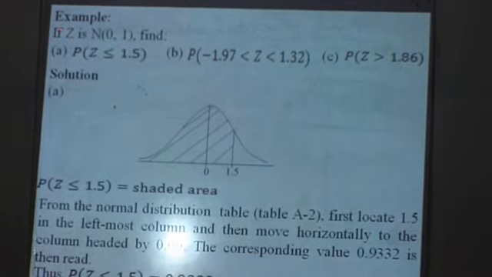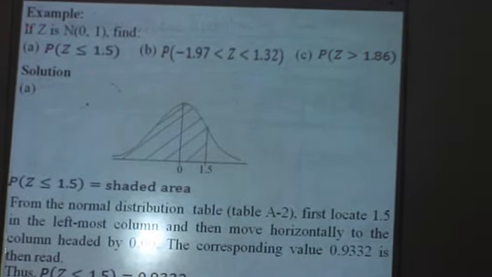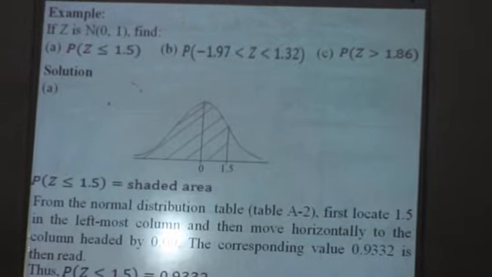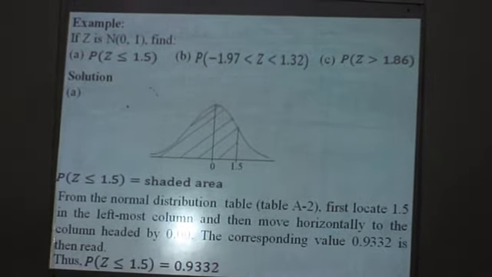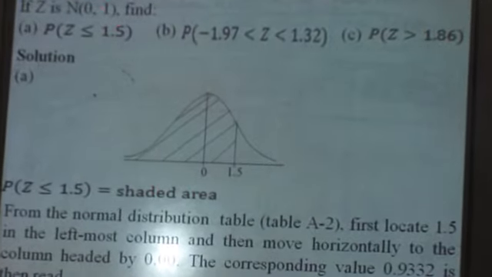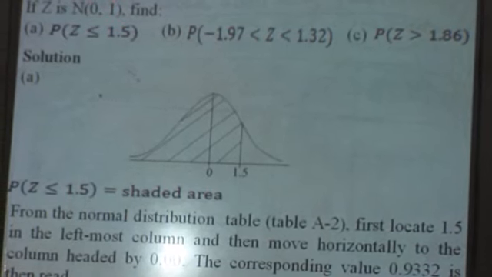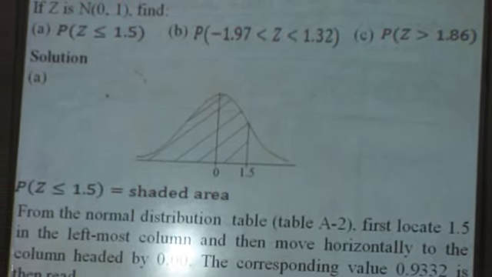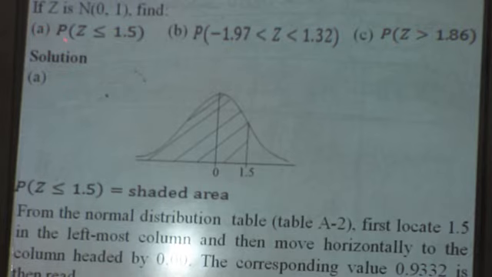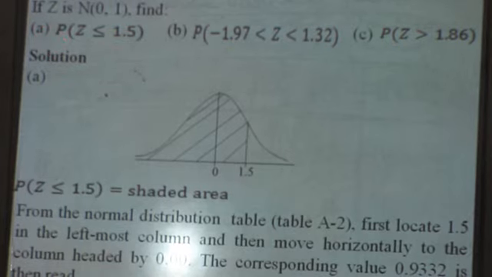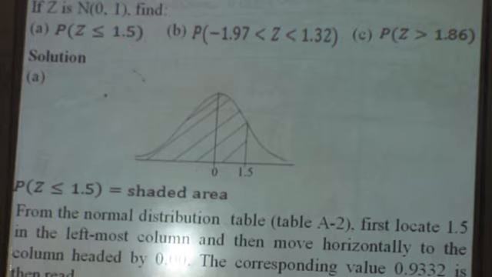For example, you've been given Z. If Z is normally distributed with mean 0 and standard deviation 1, find A, probability of Z less than or equal to 1.5.